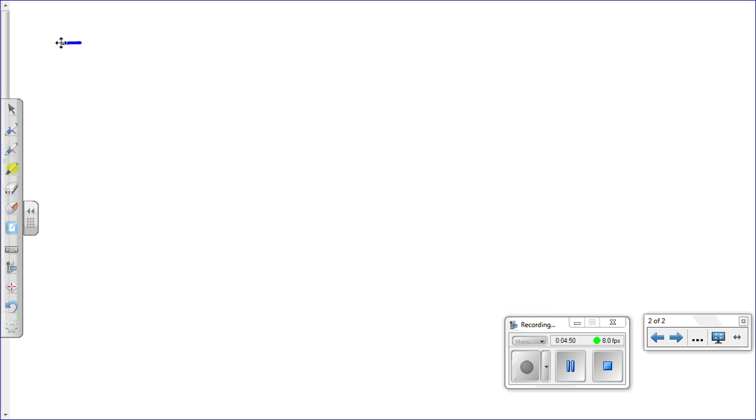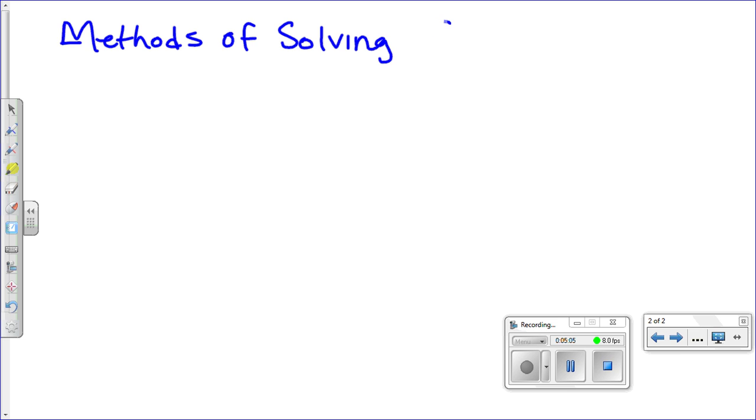So this will be, let's call it methods of solving systems. And so one of those methods is the one that you guys did last class on Tuesday. So that method is graphing.